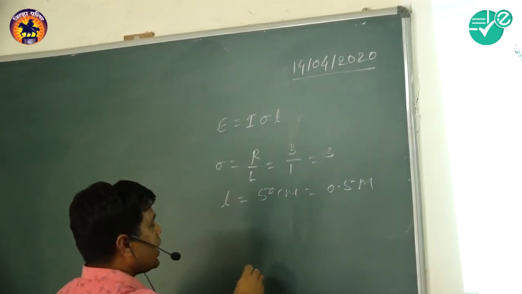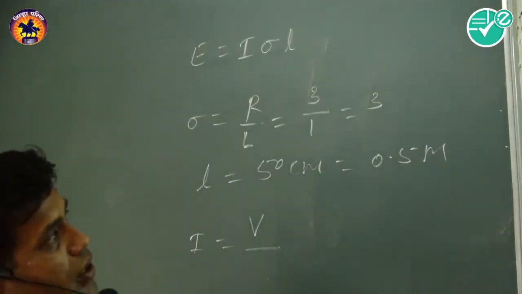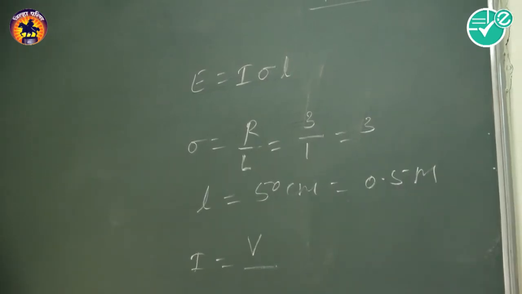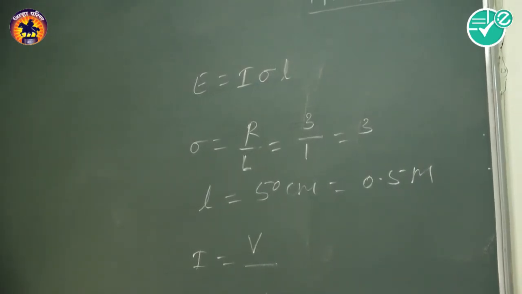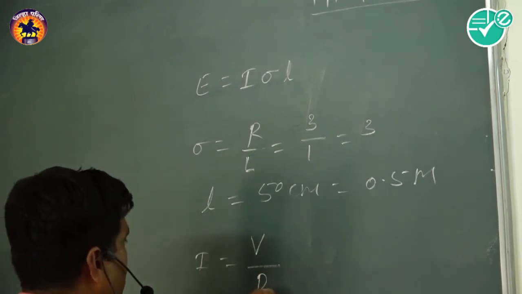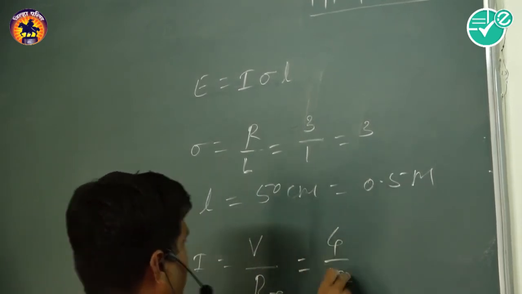To calculate I, we know V, the total voltage, is 4 volt, divided by the total resistance of the circuit, which is 1 ohm plus 8 ohm, meaning 9 ohm, plus the resistance of this wire, 3 ohm, meaning 12 ohm. So it will be 4 by 12, and this is the current flowing through the circuit.